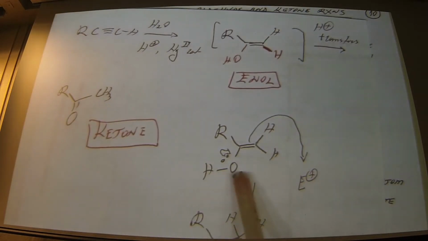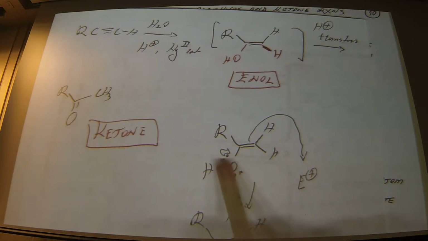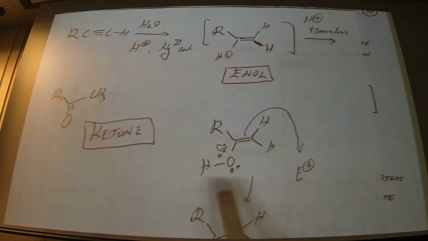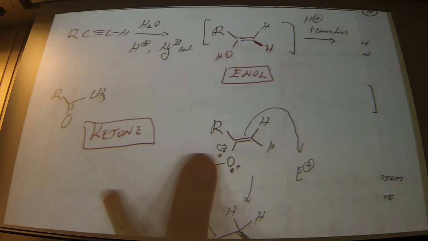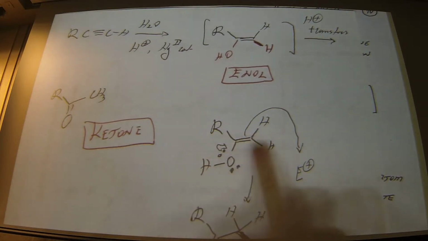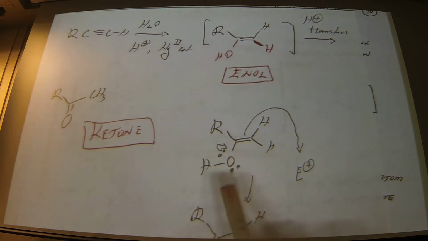I showed you this enol reacting with an electrophile, electron pair. Well, it follows that if I pull that proton off and put a negative charge on the oxygen, then this species is going to be an even better nucleophile than the enol. It's charged, and if it's an enolate, it's a better nucleophile than the enol because, other things being equal, charged nucleophiles are more reactive than uncharged ones.